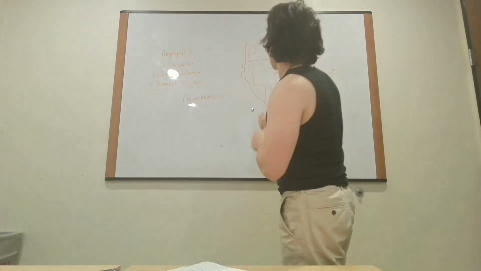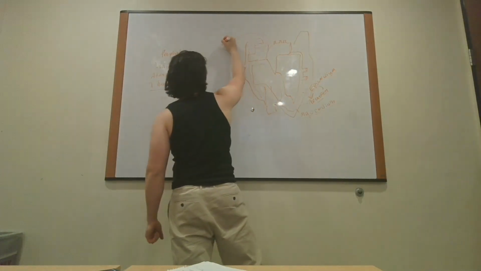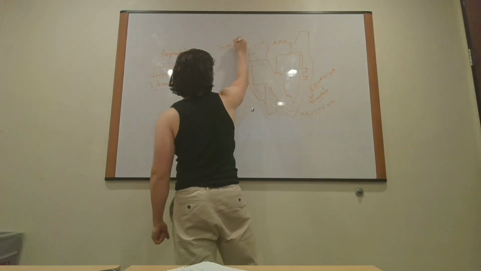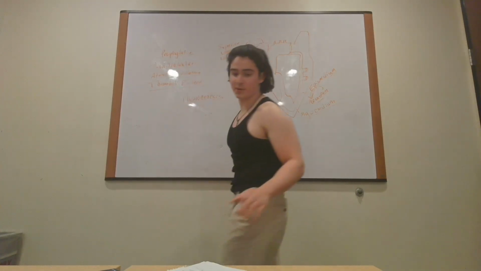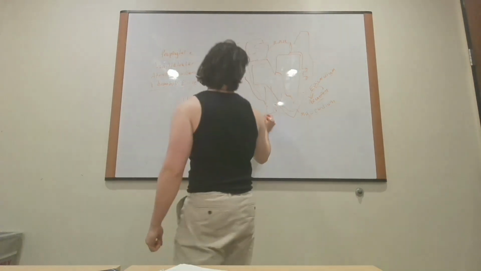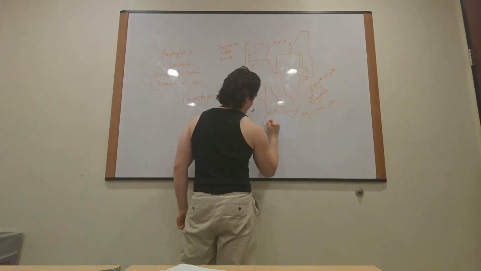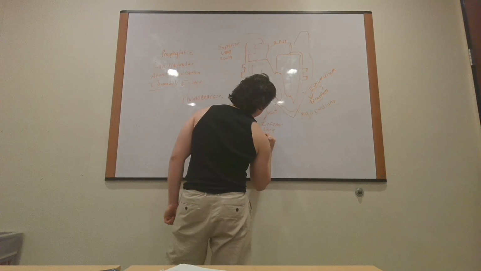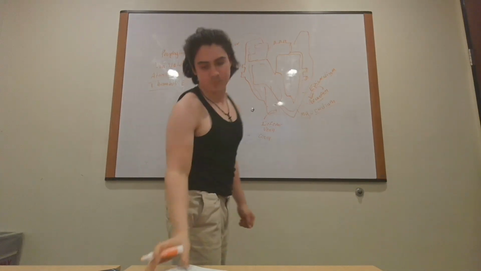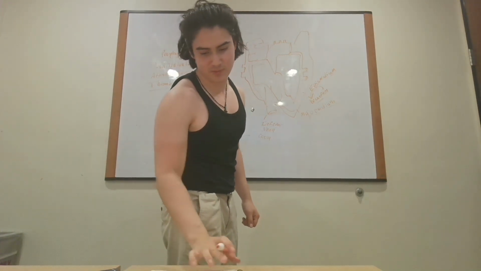Okay? So we have what's called the superior vena cava. Then we've got the inferior vena cava. Okay. And then we should have the coronary sinus.